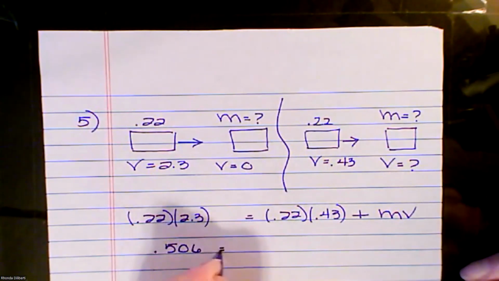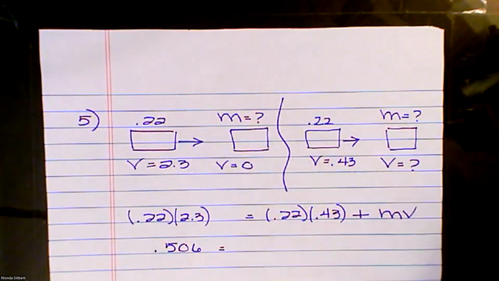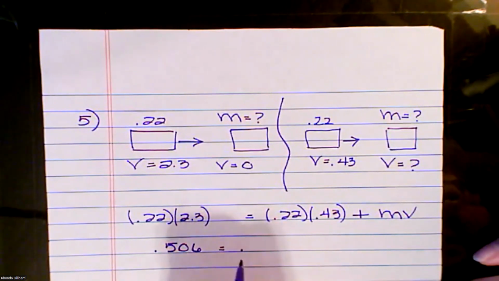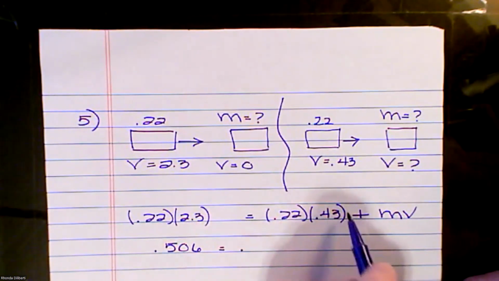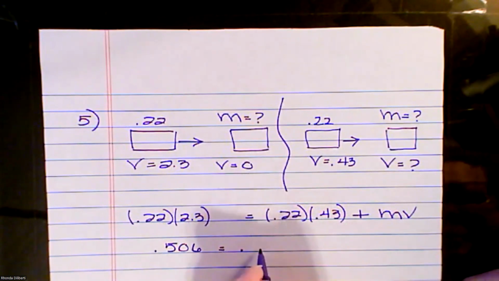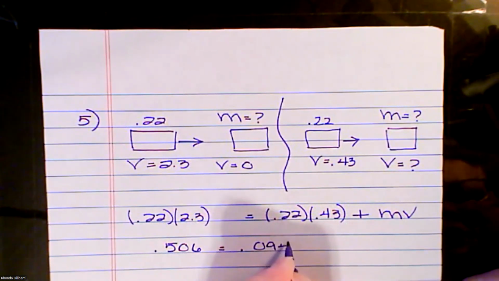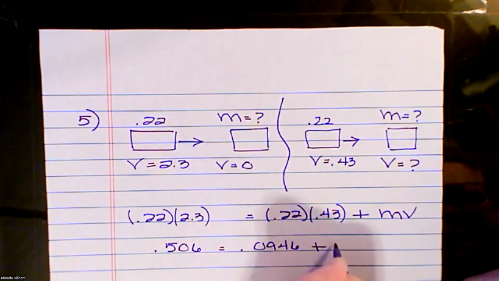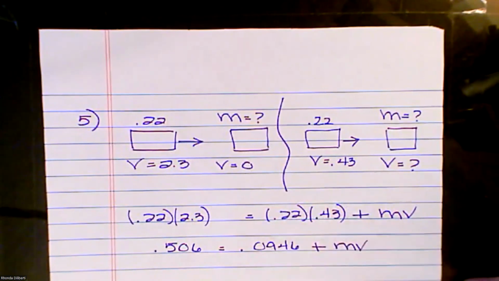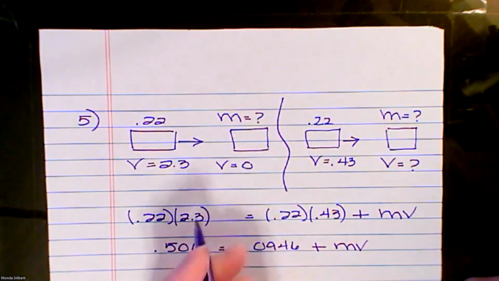Normally I just store all these numbers in my calculator, but right now I'm going to write down a lot more decimal places than I normally do, just so we can minimize our round off error. 0.22 times 0.43 turns out to be 0.0946 plus mv. All right, I'm going to subtract 0.0946 from both sides.